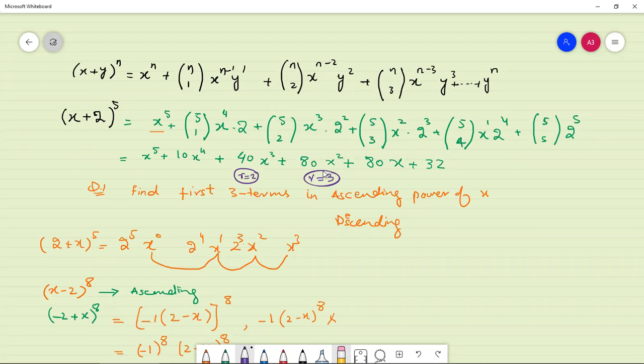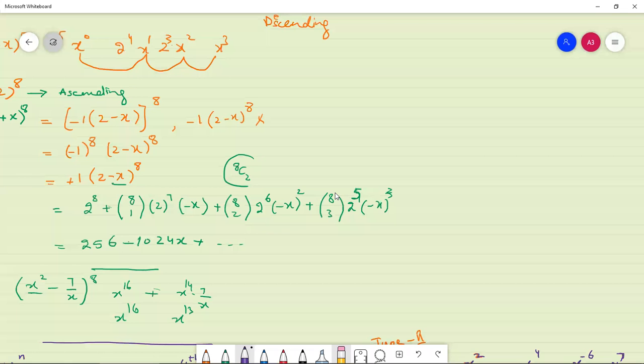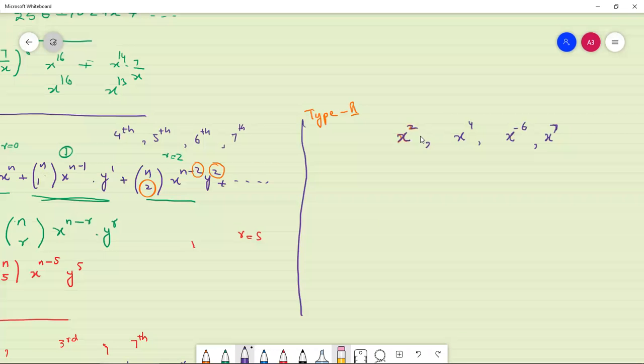So there is no relation between the value of r and the power of x. It doesn't mean that if we ask for the coefficient of x here, x occurs at number 2, or that x power 4 occurs at number 4, or x power minus 6 occurs at minus 6. There is no relation between x power 4 and r.